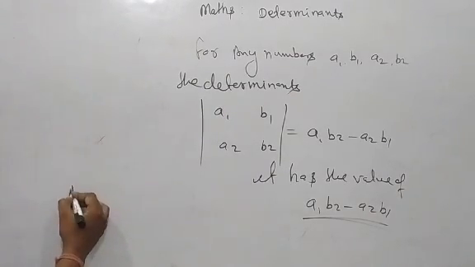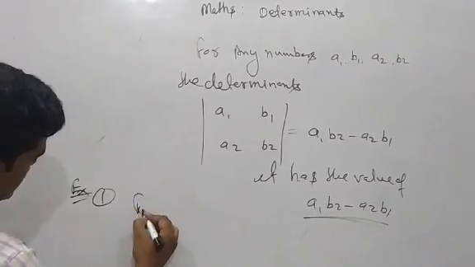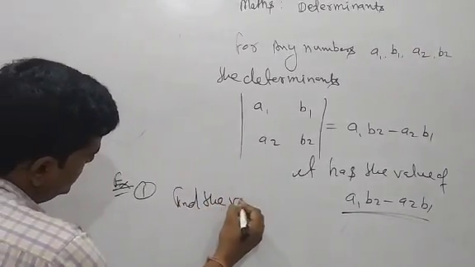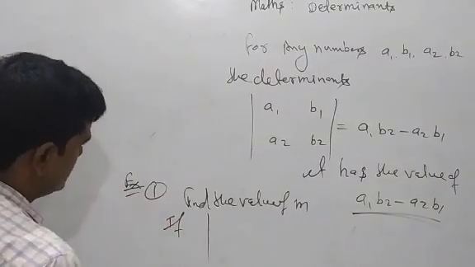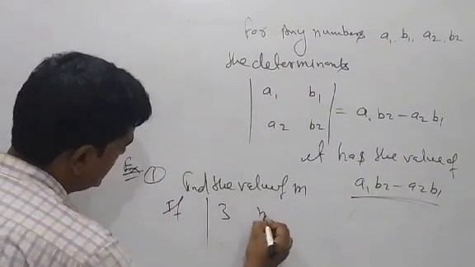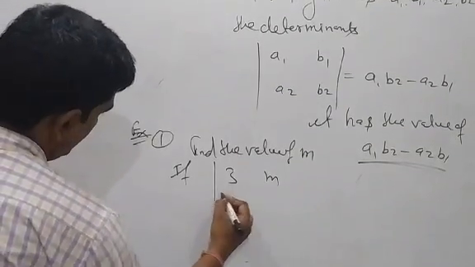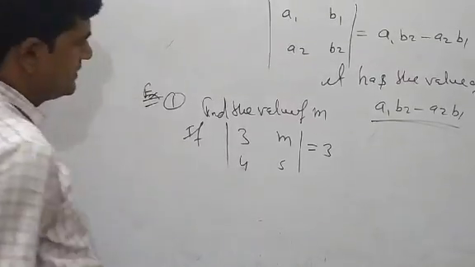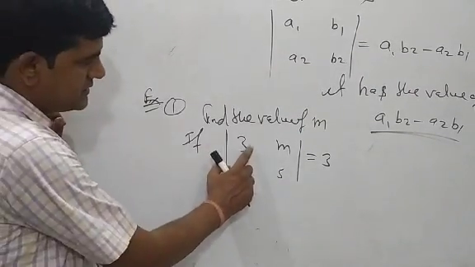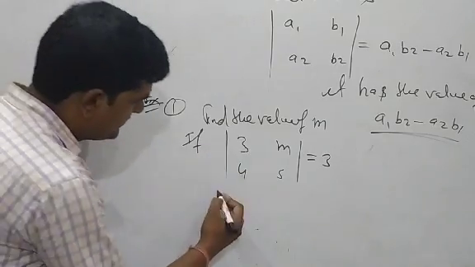Now example: find the value of m, if the determinant 3, m, 4, 5 is equal to 3. Very simple. This is 2 rows, 2 columns. Total elements are 4.